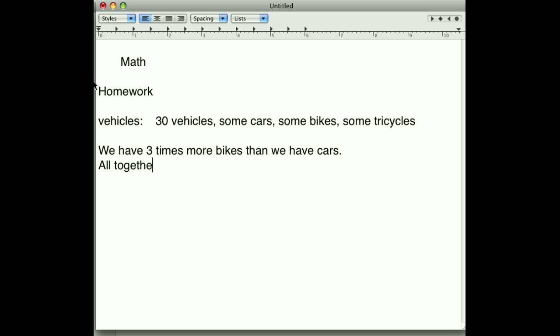Altogether, no, sorry, this is not so, sorry, altogether we have 80 tires for all vehicles together.